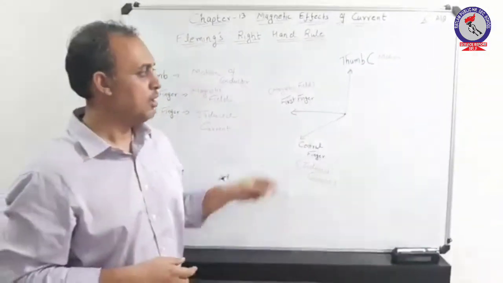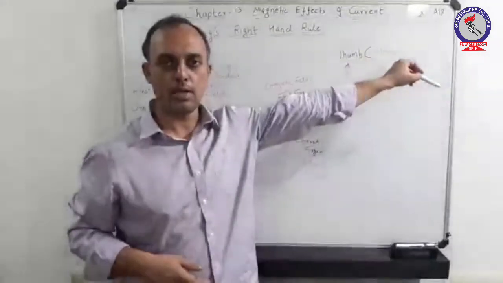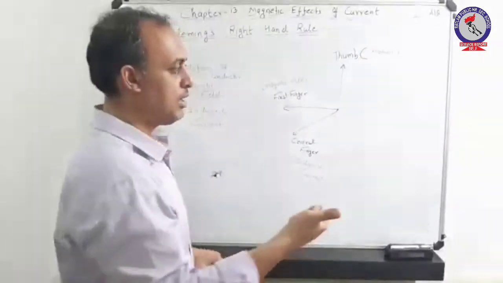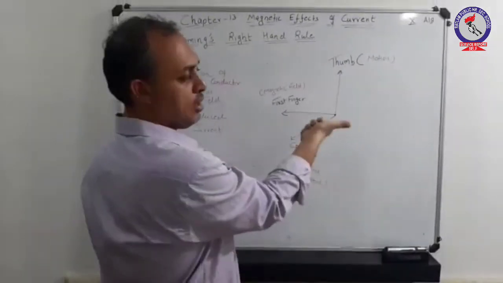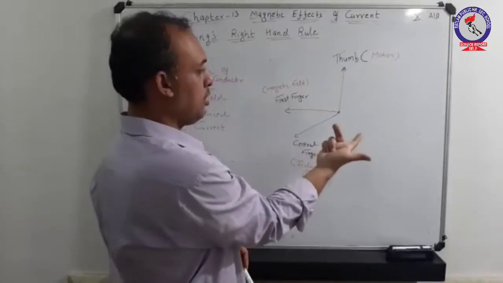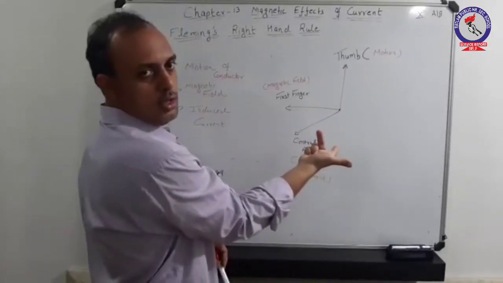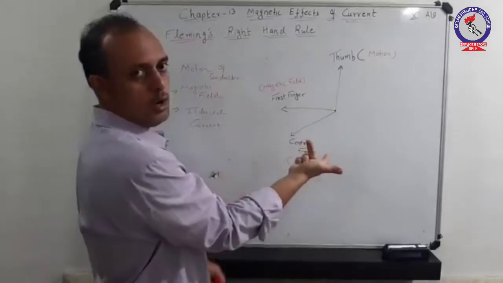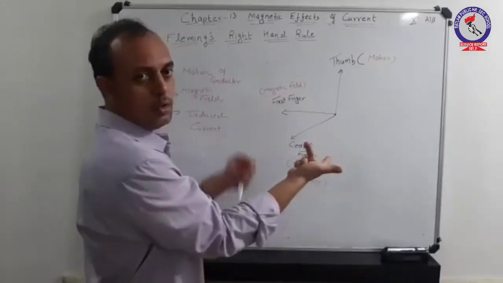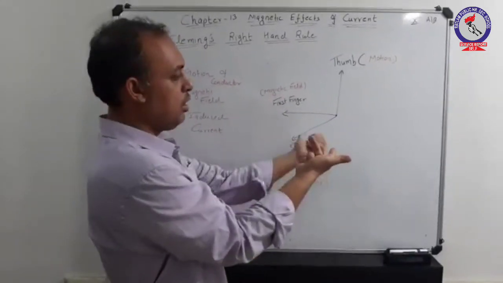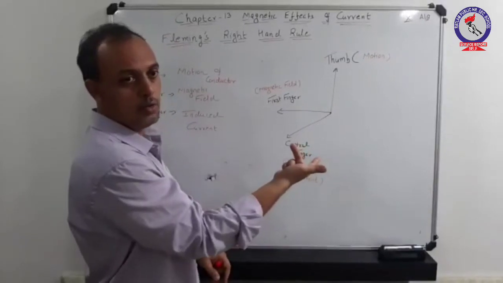As I said, the conductor is moving that side, which implies that I have to point my thumb to that side. The magnetic field is going inwards. We need to calculate the direction of induced current.